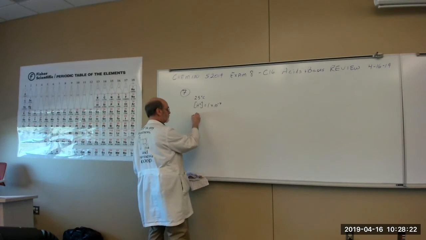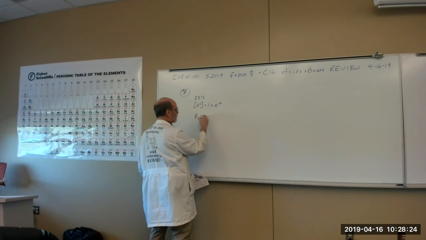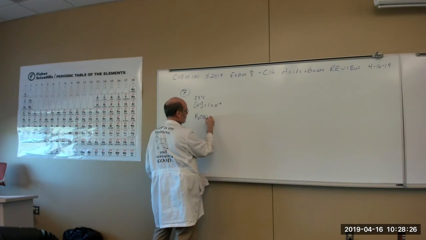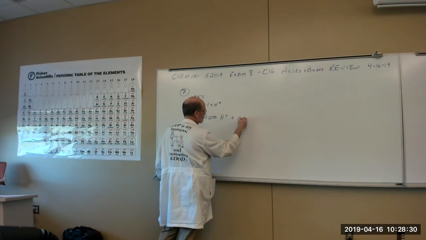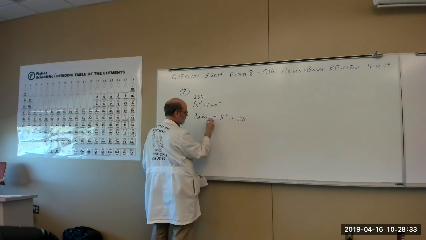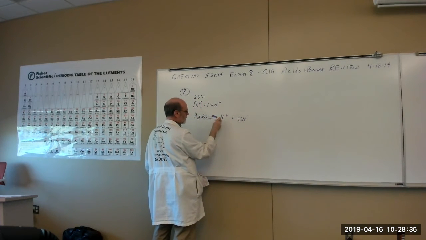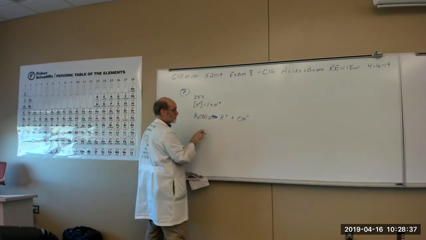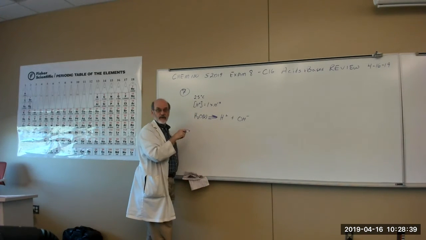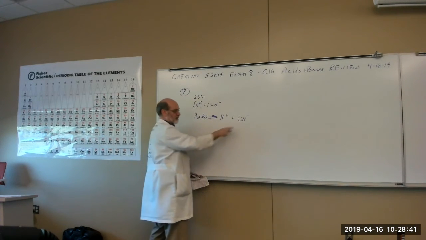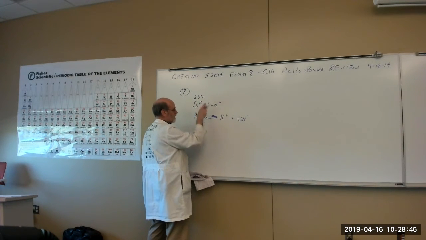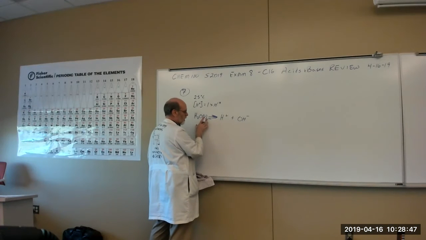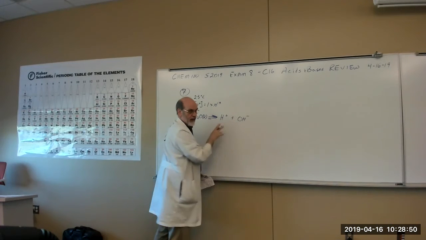Right? It's going to make this happen. And it's going to drive it more that direction. It's going to make more hydrogen ions. But notice when it makes those more hydrogen ions, what else does it make? It makes more hydroxyls. So even at higher temperature, it's still neutral because we're making the same amount of each one.